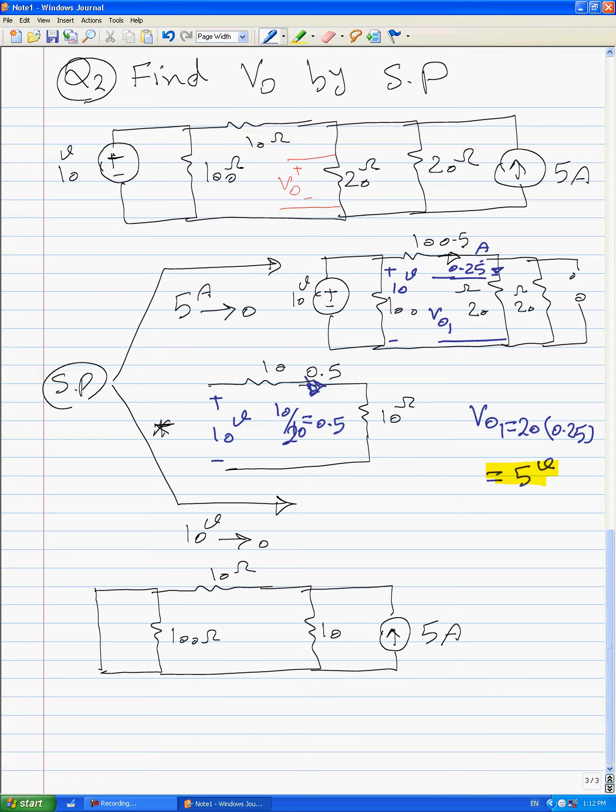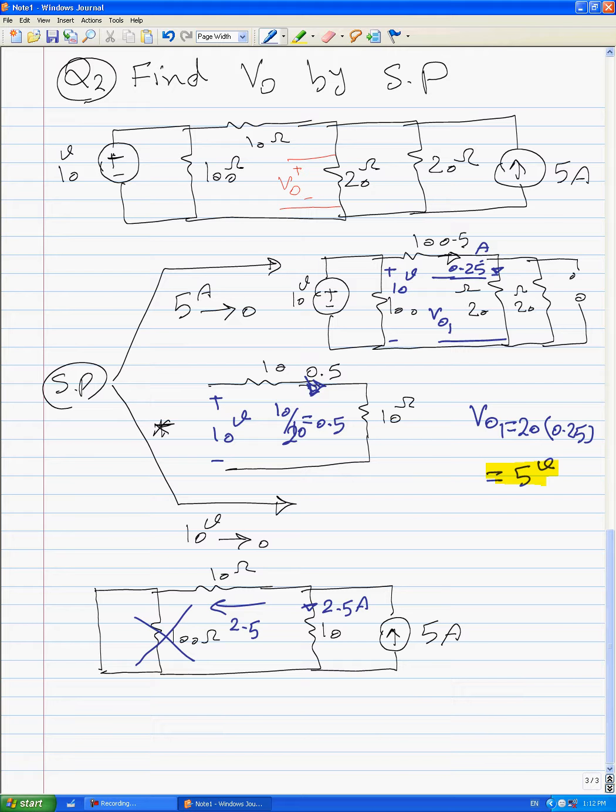We learned in the first tutorial that the 100 ohms here should be bypassed because it is parallel to a short circuit. Immediately we can find out this current. 10 ohms and 10 ohms are connected together in parallel, and 5 amps here is divided into 2.5 amps here and 2.5 amps here.